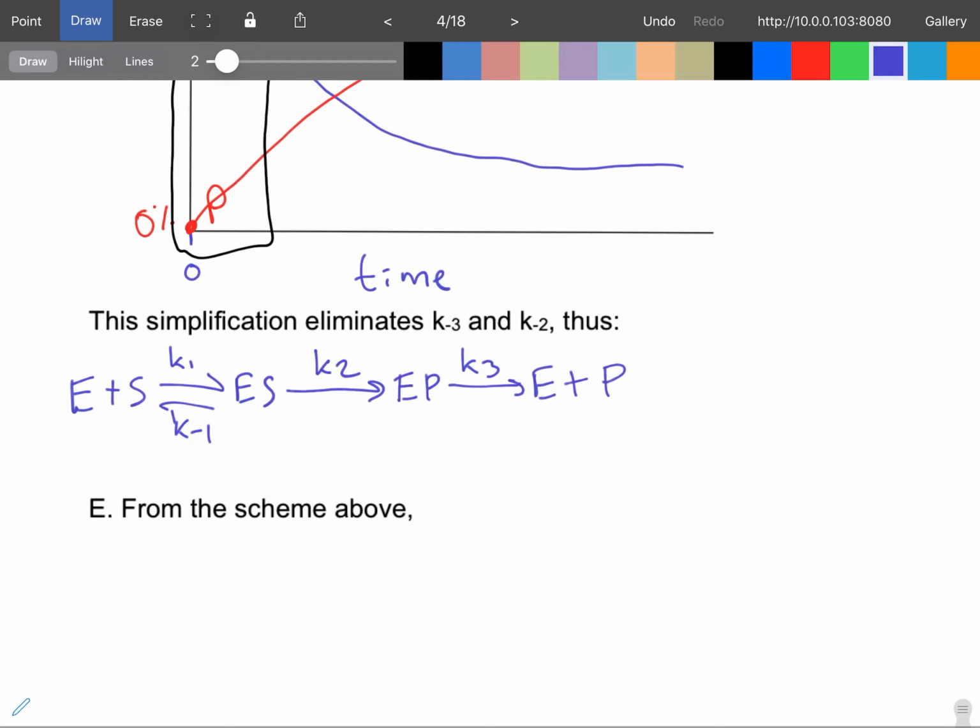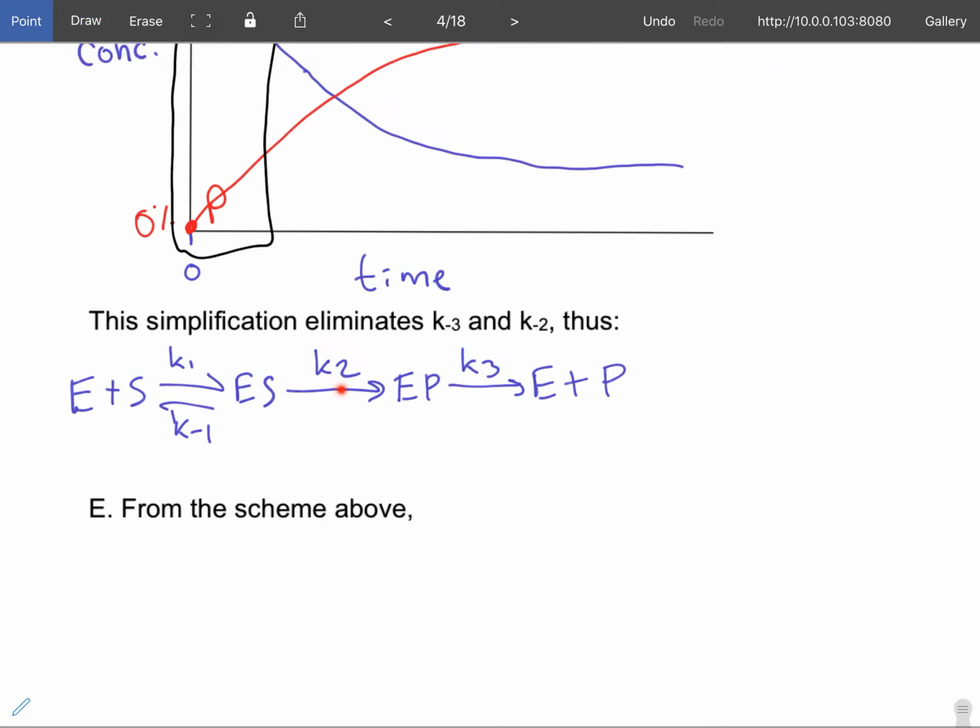Okay, well, we can actually simplify that even further because if we make enzyme product complex via K2, the only thing it can possibly do is unbind. And so really we don't need to have both K2 and K3 separate. We can combine this whole thing into one arrow.